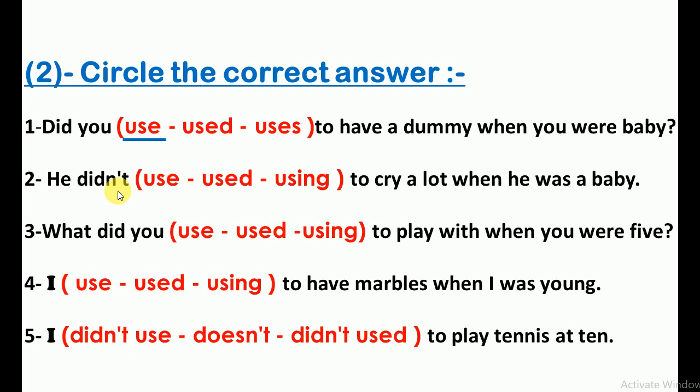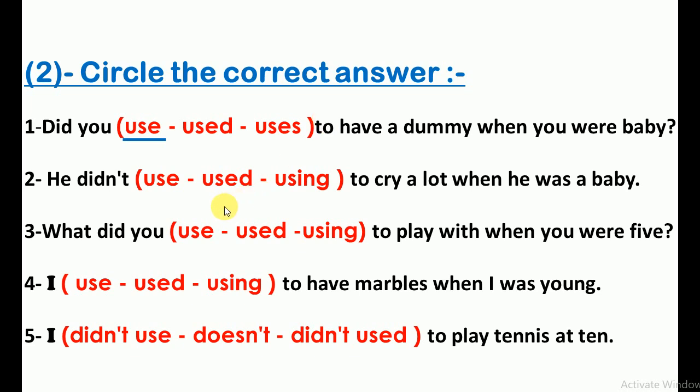You have to use the infinitive form, use. So after did or didn't, we always put use. Didn't use to. And don't forget to, because some students forget to. They say, did you use have? No, and I'm sure you wouldn't forget because you're very smart.